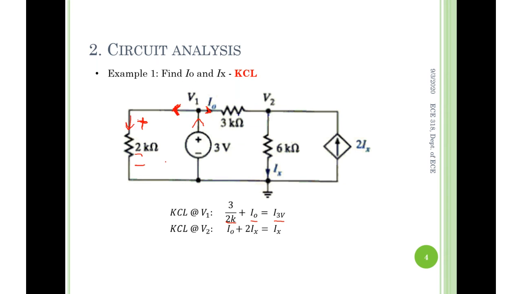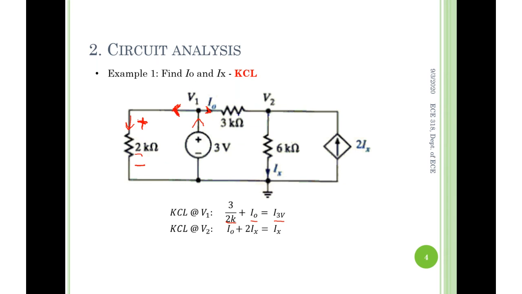Because the current is entering the positive and getting out of the negative. That's why the voltage we need must follow such polarity. Otherwise, the polarity is going to give you the reversed current direction. Very important thing.